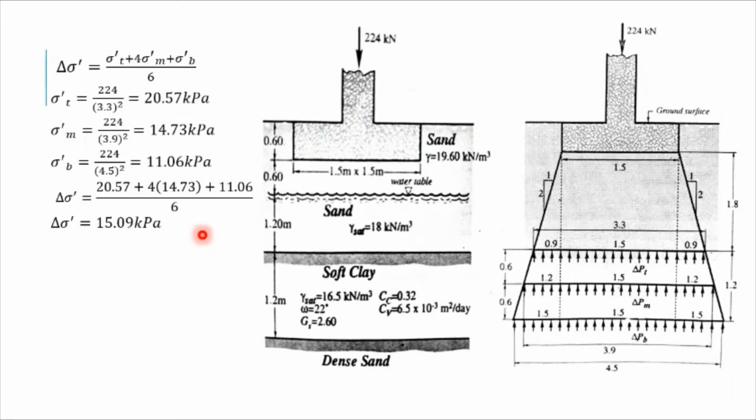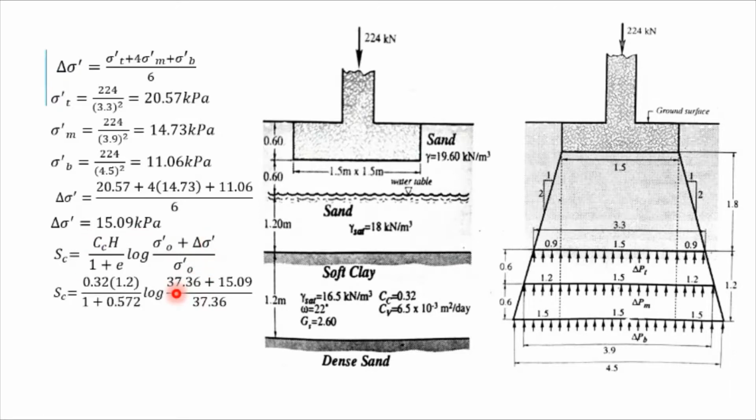So, we already solved for the values again. In order for us to determine the settlement, it's equal to CcH over 1 plus e logarithm of overburden pressure plus change in stress over overburden pressure. Cc is given, everything is given.